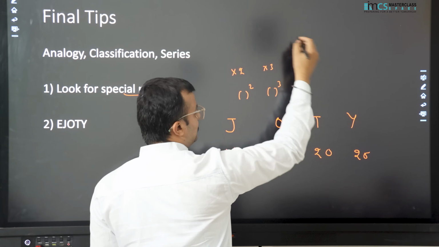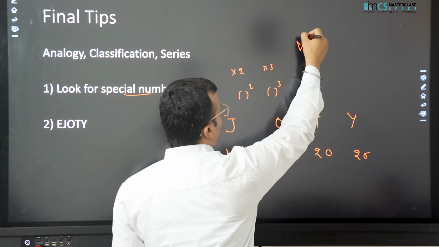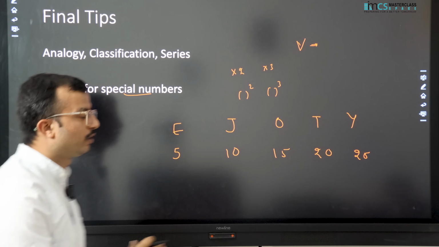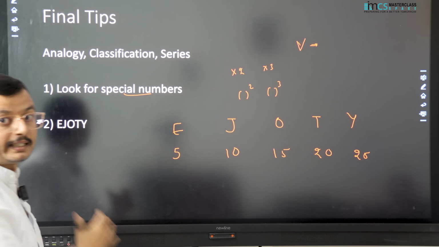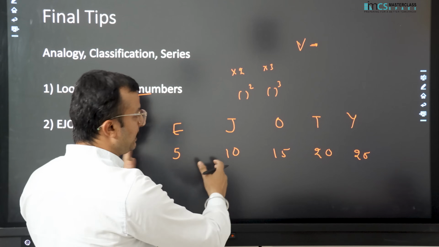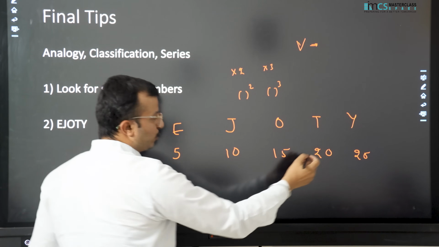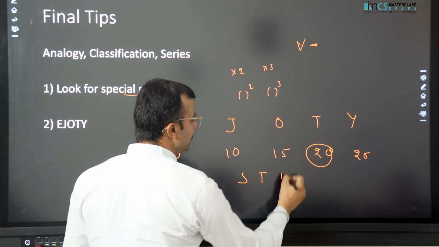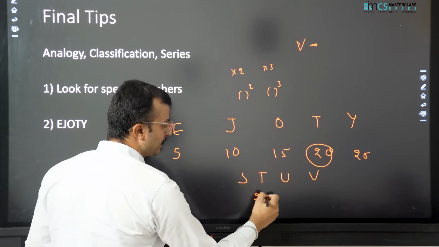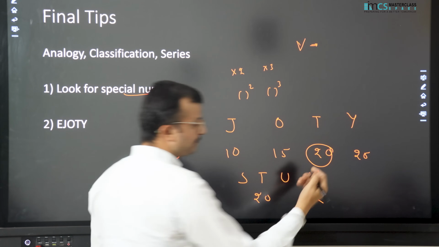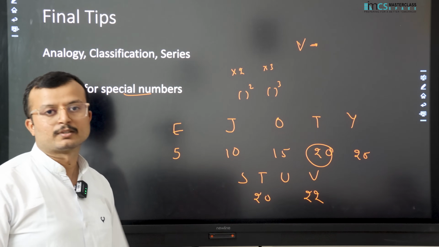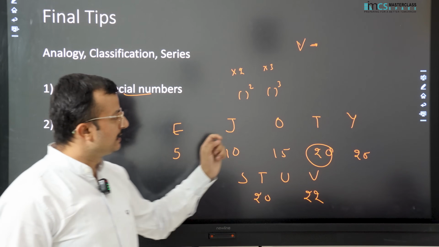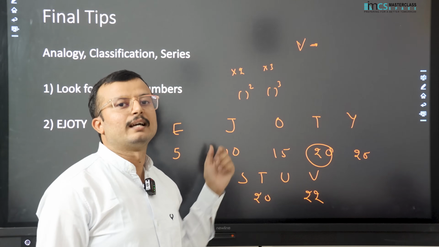You won't be directly asked, but suppose you are checking for the number of V. It does not make sense to go from A, B, C, D to V. You simply remember this is O, T. You know that 20 is here, so S, T, U, V. If this is 20, this is bound to be 22. By that logic, you can very easily identify the number associated with alphabets.